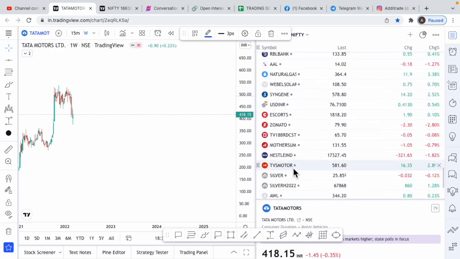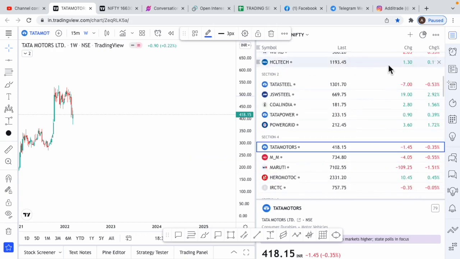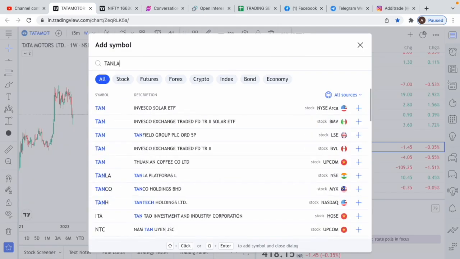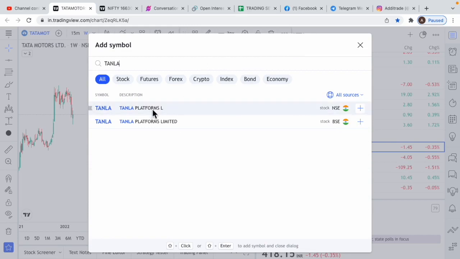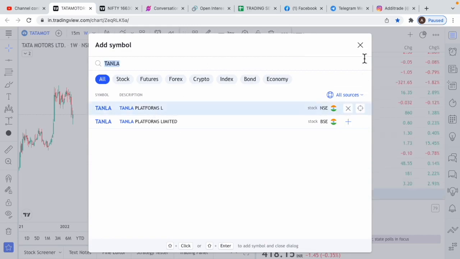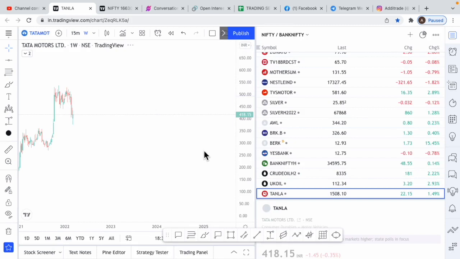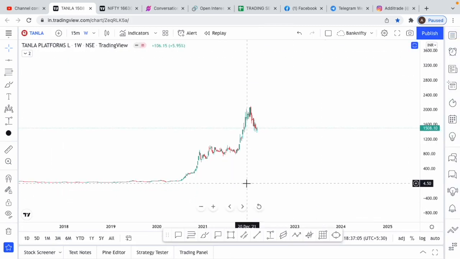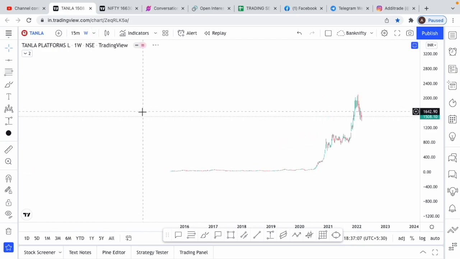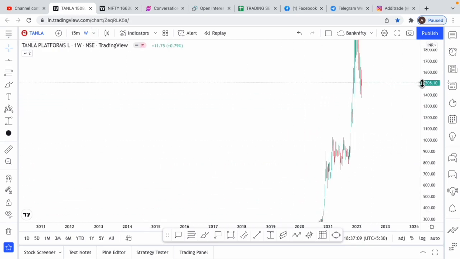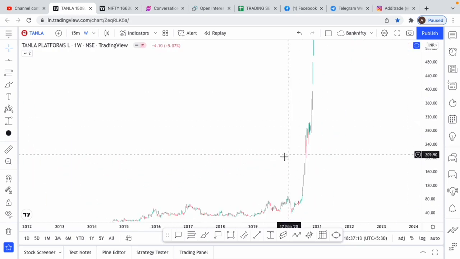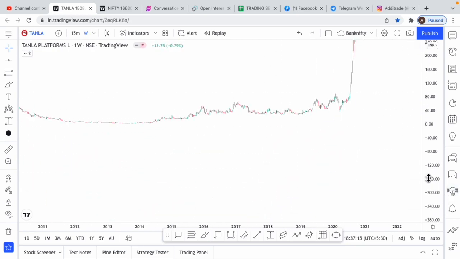And another beautiful cup and handle was this, Tanla Platforms. See, how do you find the stocks? You'll have scanners from different brokers, right? Using those scanners, you can see the volume breakout and all that. Whenever you make use of these external factors to get a stock, obviously we have to do our own analysis.